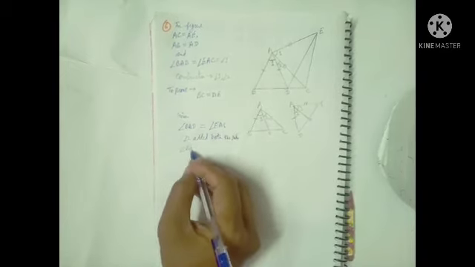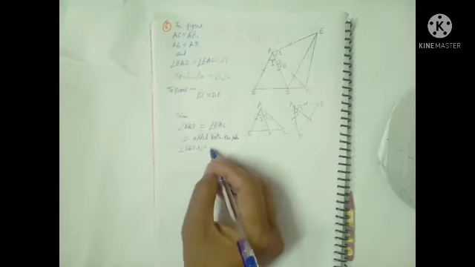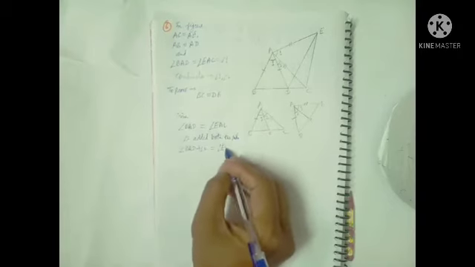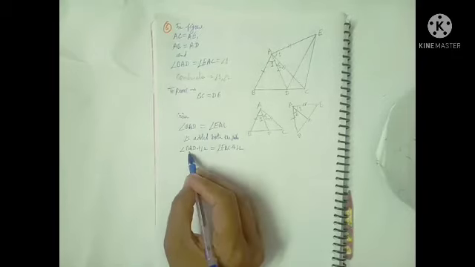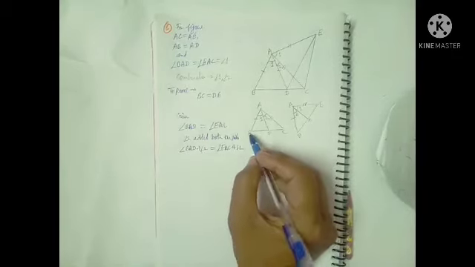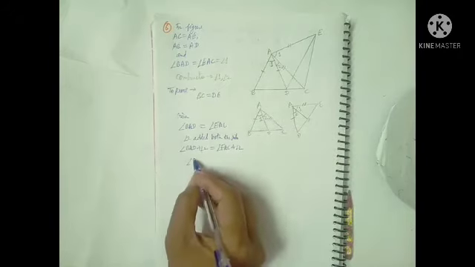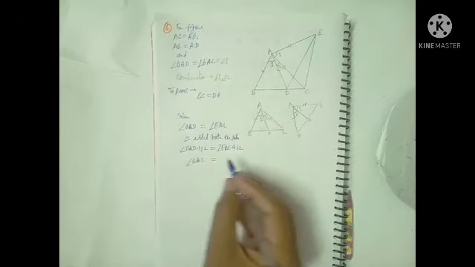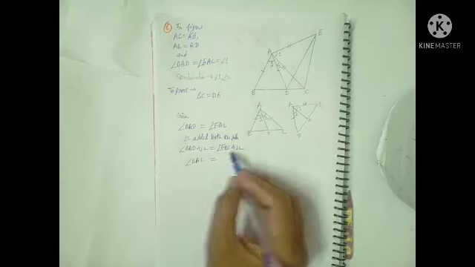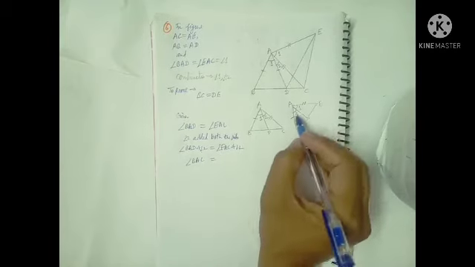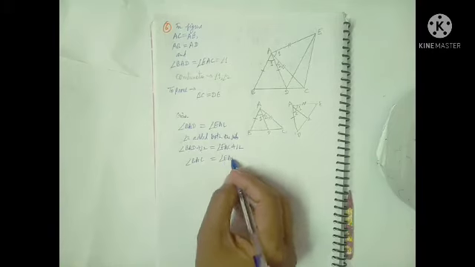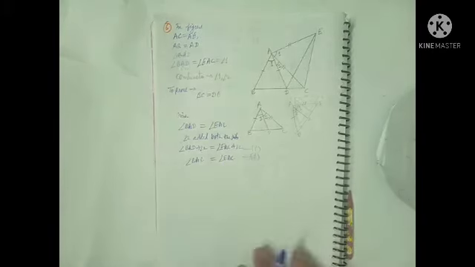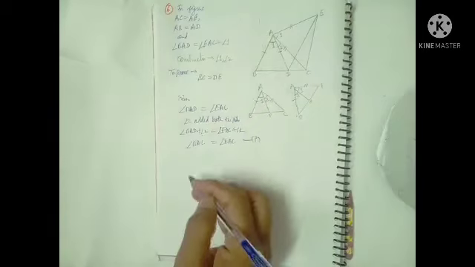Angle BAD plus angle 2 is equal to angle EAC plus angle 2. Now this angle BAD plus angle 2 will be called angle BAC. And angle EAC means angle 1 plus 2, EAC total. Angle BAC equals angle EAC. Equation 1.